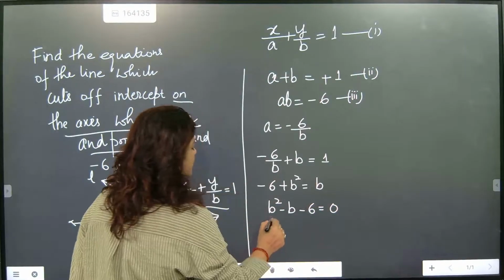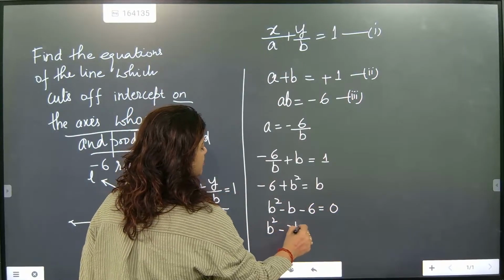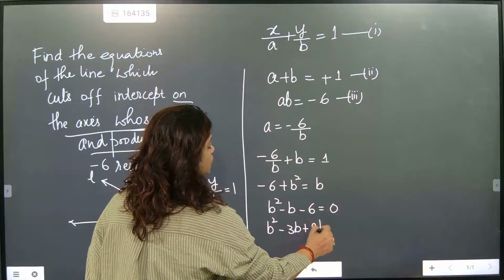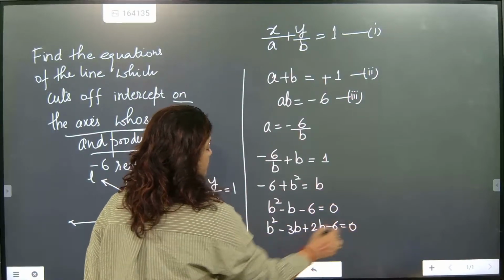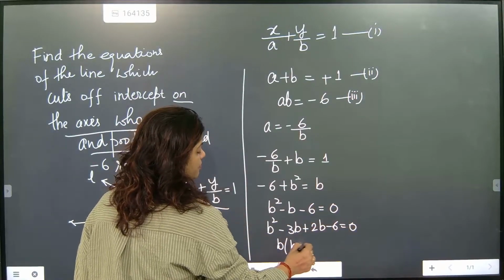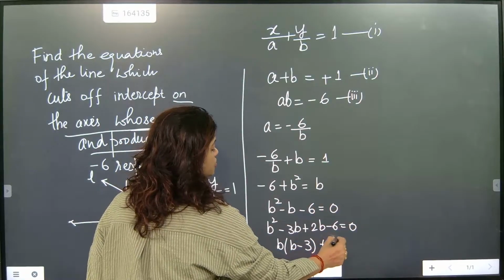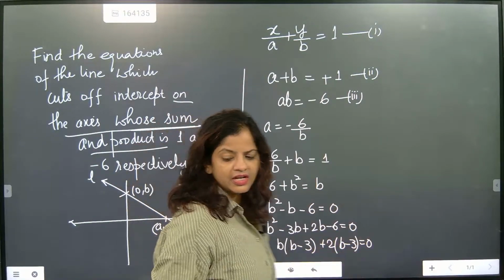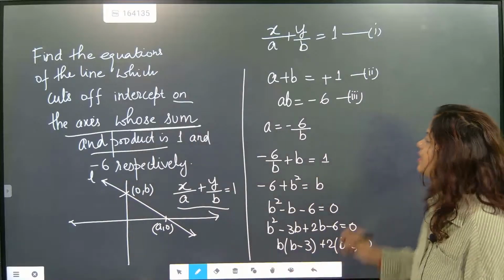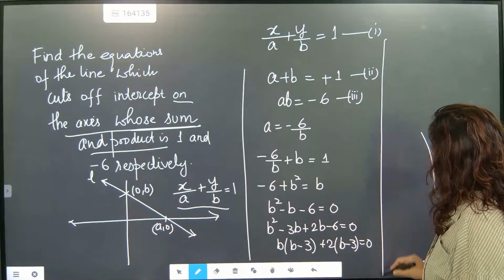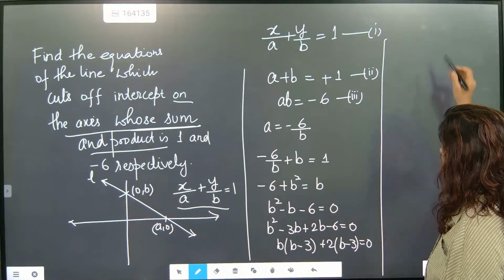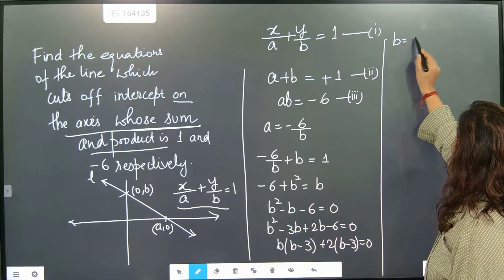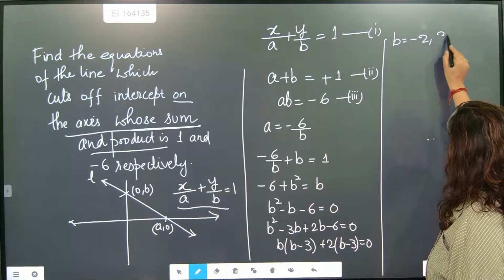So here b square minus 3b plus 2b minus 6 equal to 0. So b(b minus 3) plus 2(b minus 3) equal to 0. So definitely we are ready to get the b value. Here b will be equal to minus 2 and 3.